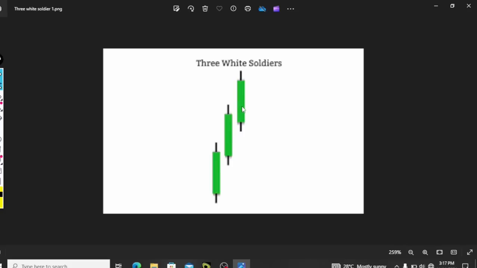So you see the first candle starting strong and closing strong, followed by another strong candle that started strong and closed strong, and another third candle, which is the last candle in the setup, started strong and closing strong. So that is why we call it the three white soldiers. So the first candle opens and closes strong, followed by the second candle that opened and then closed above it in a strong way.